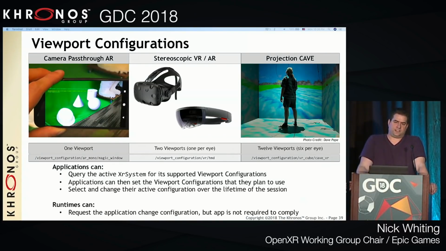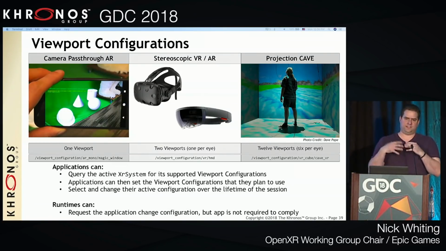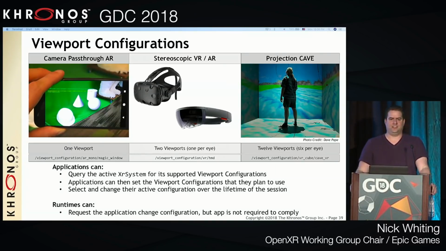So, for instance, if you had a StarVR headset, which has a super wide field of view, you might have one viewport configuration that has 2 viewports per eye to let it project around. Or you might have a very simple stereoscopic projection that's less physically accurate, but lets you cheat if you aren't able to render 4 viewports at a time.